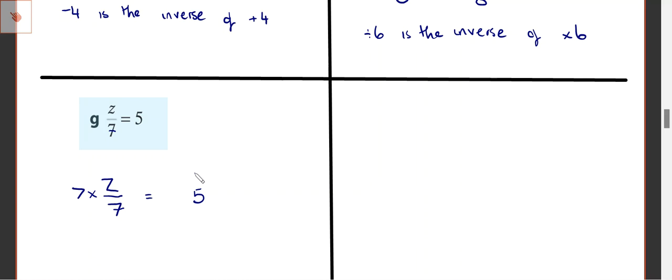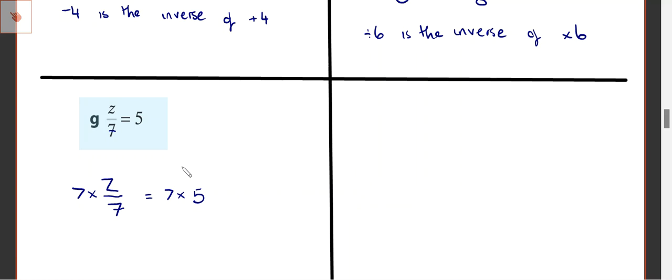What do I have to do to keep it equivalent and true? Times the 5 by the 7. Now I've written it, I've left a bit of space because I knew it was happening.